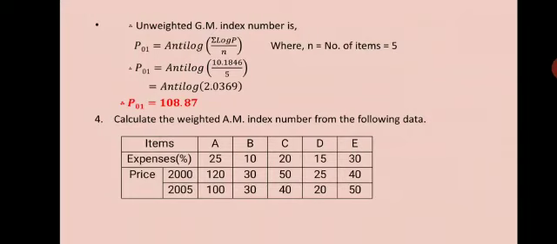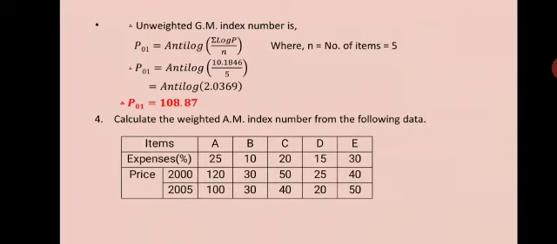Therefore the unweighted geometric mean index number you will get as P01 equal to 108.87.